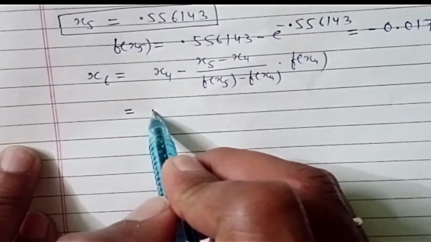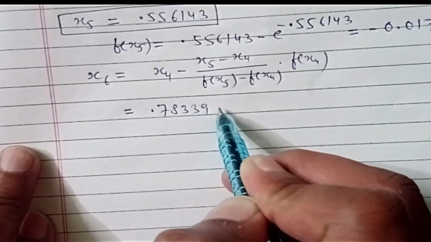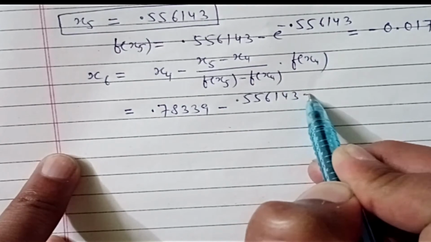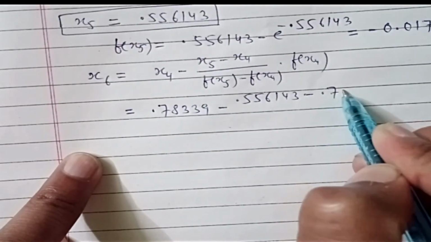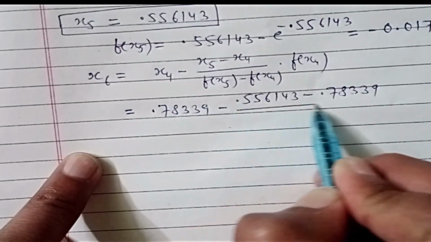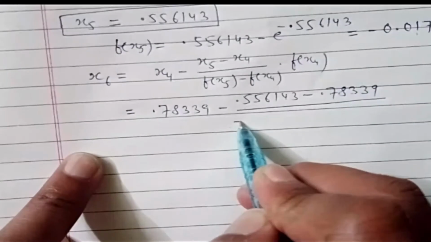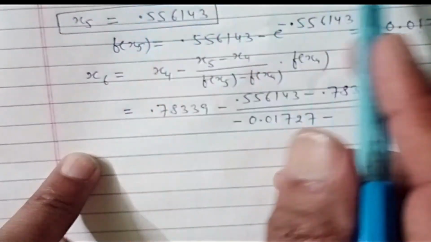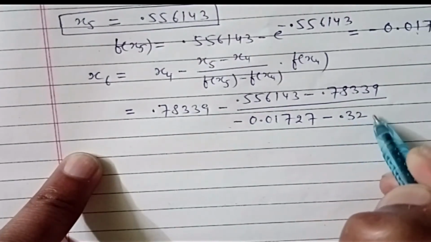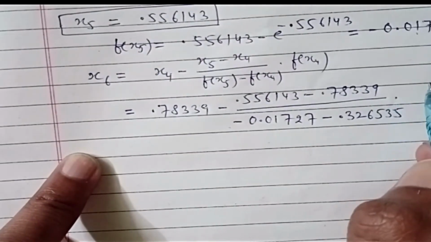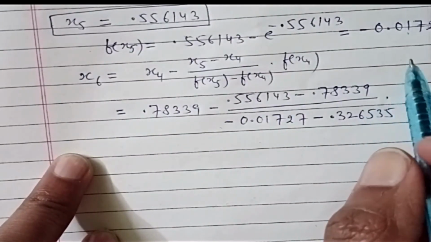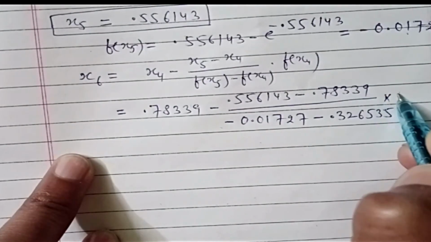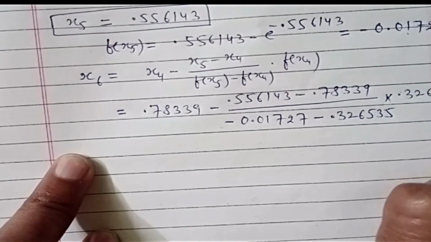This is equal to x4 is 0.78339 minus (x5 is 0.556143 minus x4 is 0.78339) over (f of x5 is minus 0.01727 minus f of x4 is 0.326535) multiplied by f of x4 which is 0.326535.